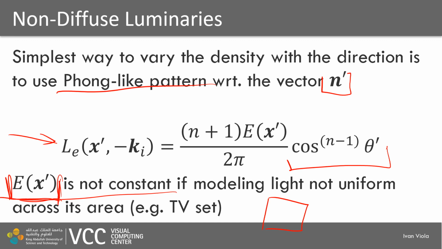One aspect is the direction: if we are sampling from a direction which is not very much aligned with the normal vector of the light source, then the emitted radiance will be downscaled, smaller. And then we can also have the exitant radiance term be a function over the light source surface instead of being constant.